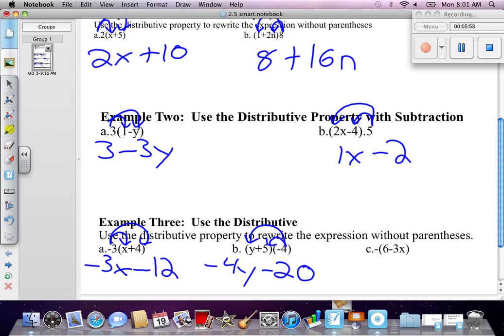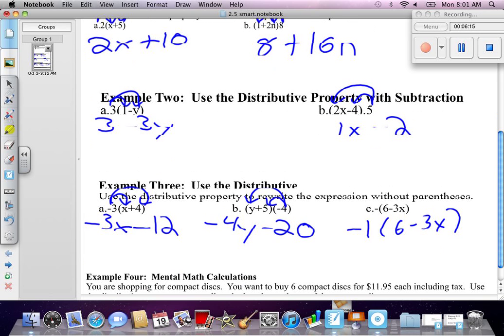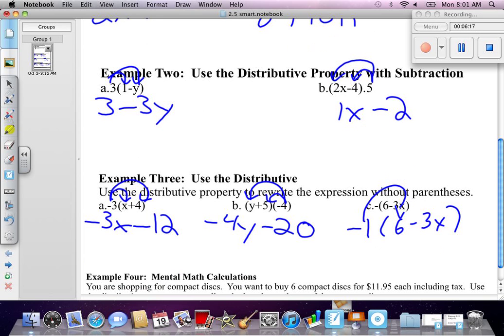All right, ladies and gentlemen, let's look at C. C looks a little strange. If you just see a negative, please stop talking while I'm talking. Okay, a negative just in front is the same thing as a negative 1. If you feel better changing it to negative 1 instead of leaving it as a negative, feel free to do so. Then we're going to distribute that negative 1.